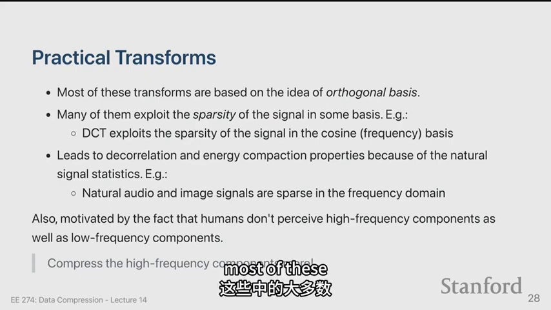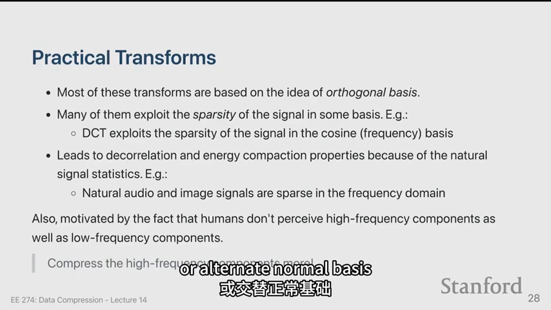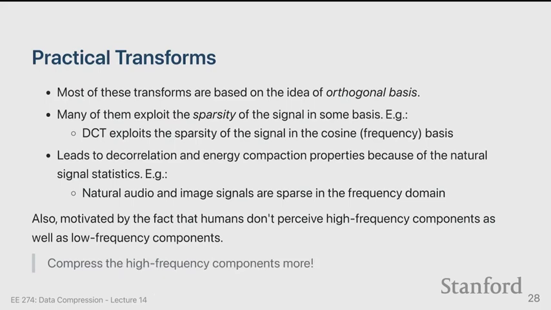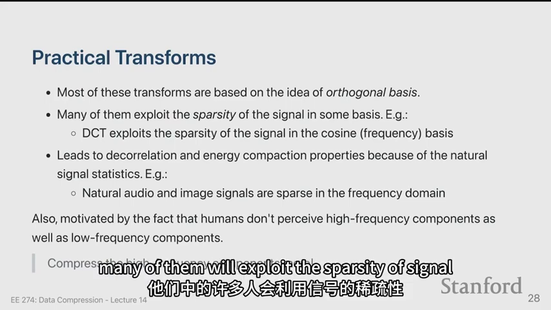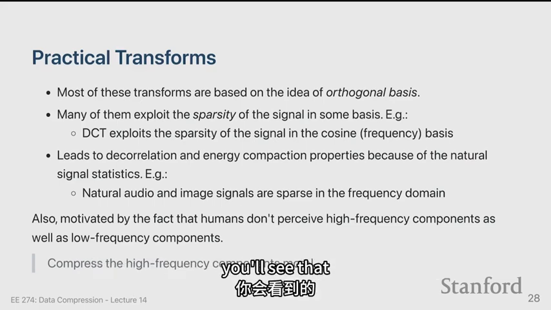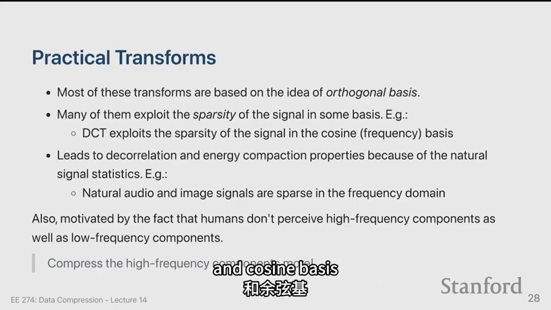Okay, point one is most of these transforms are based on the idea of an orthogonal or orthonormal basis, which we have looked at. So we are still working with the same idea. Many of them will exploit the sparsity of the signal in some basis. By some basis, I mean some transformation, right? For example, DCT exploits the sparsity of the signal in the cosine basis.